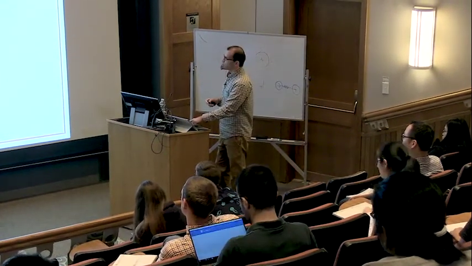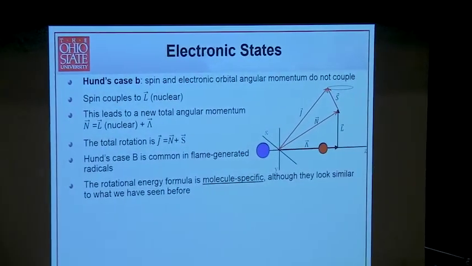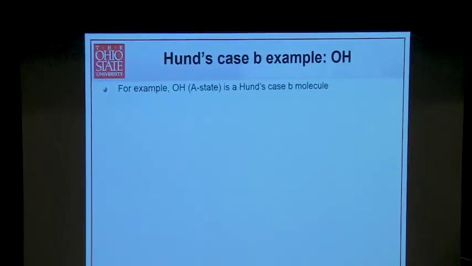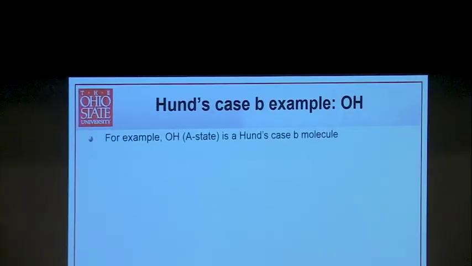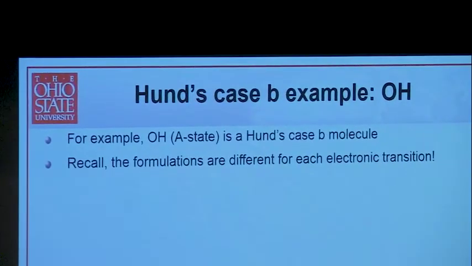So again, as I told you, the rotational energy formula is molecule specific. Although it looks like what we've seen before, there's nothing really clean to write. So let's look at the example of OH, Hund's case B. The formulations are different for every electronic transition.